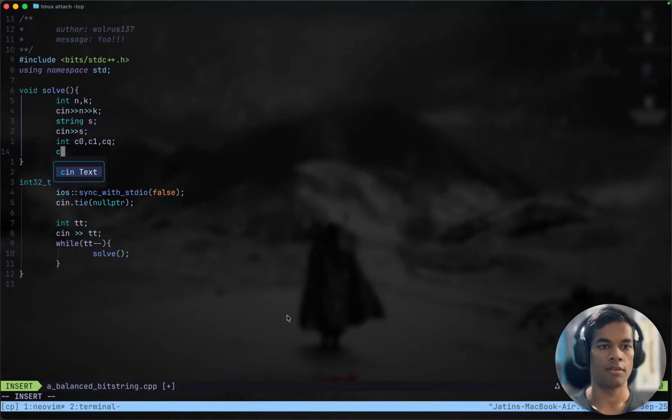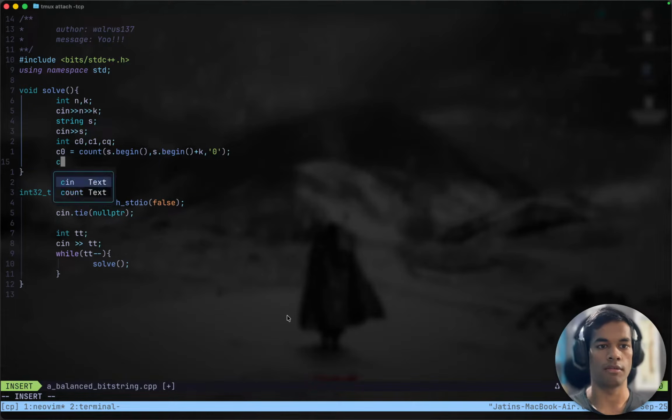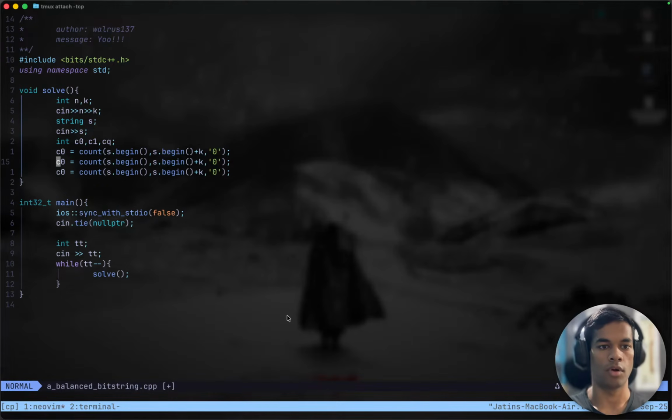Yes, c0 equals count from s.begin to s.begin plus k to count the number of zeros, and c1 equals the same, copy, replace with 1, find 0, replace with 1, replace with question mark, find 0, replace with q.